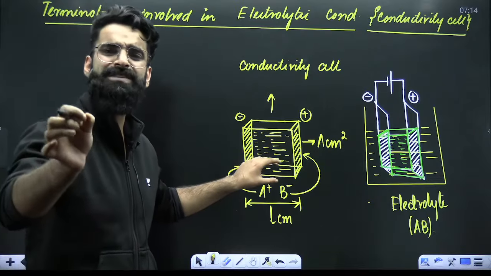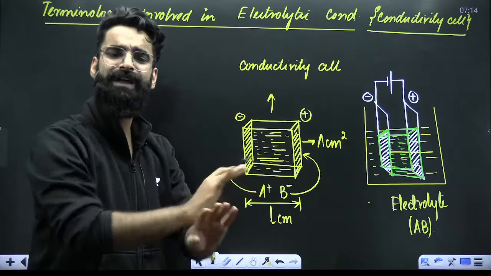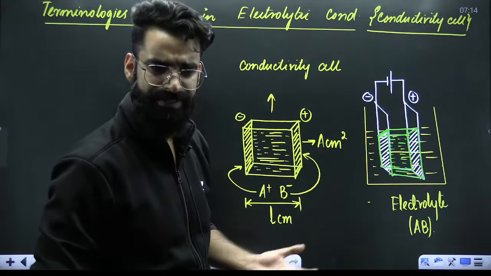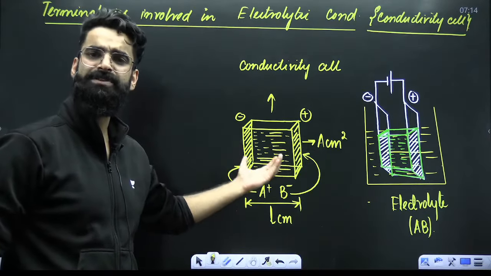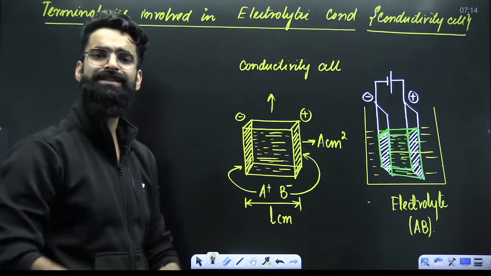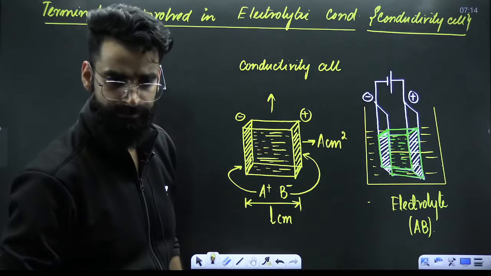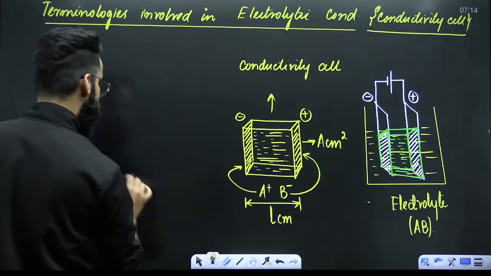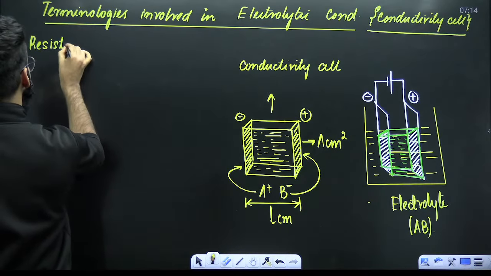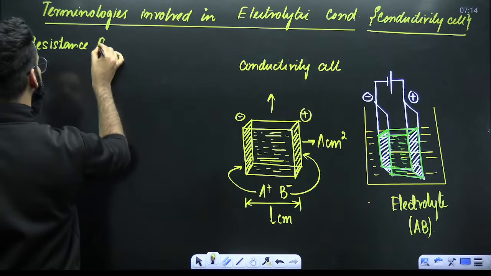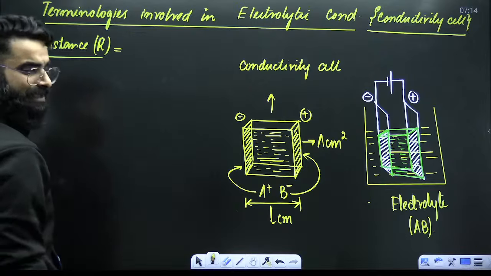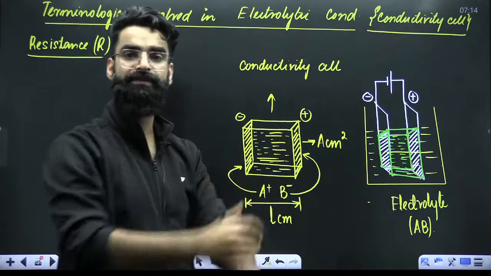It is simply the obstruction during the movement of the ions, when the ions are moving towards the respective electrodes. Perfect? So my first terminology, my dear students, is resistance, which is denoted by R. I'm not going to write its definition because you already know it: obstruction in the movement of the ions.